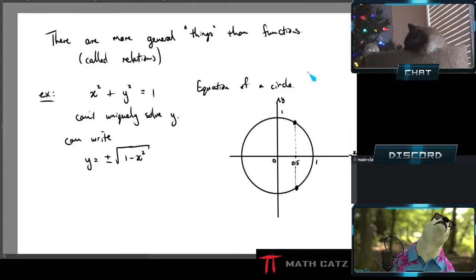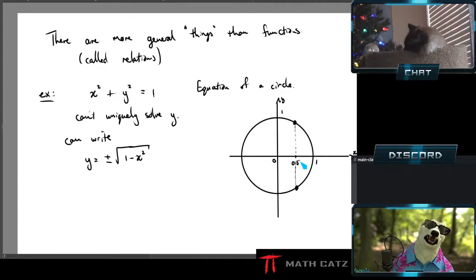A function has a unique output for any input, a unique y value for any input x value. If you look at a graph, you might remember the vertical line test. If you draw a vertical line at any spot on the graph, it can cross the graph at only one point. This crosses in two points because there are two y values corresponding to one x value.